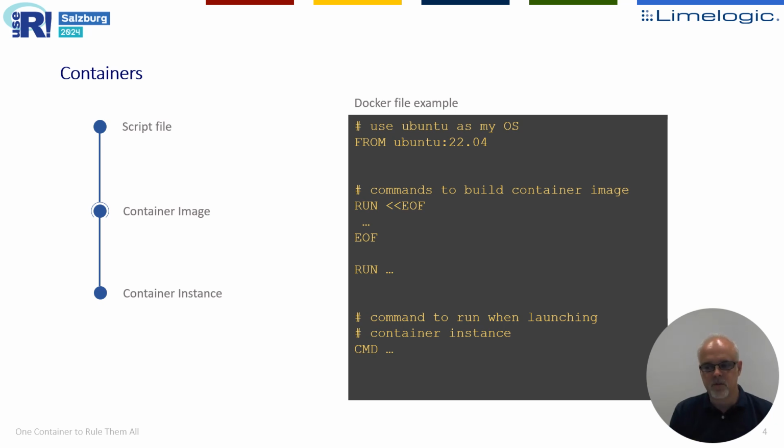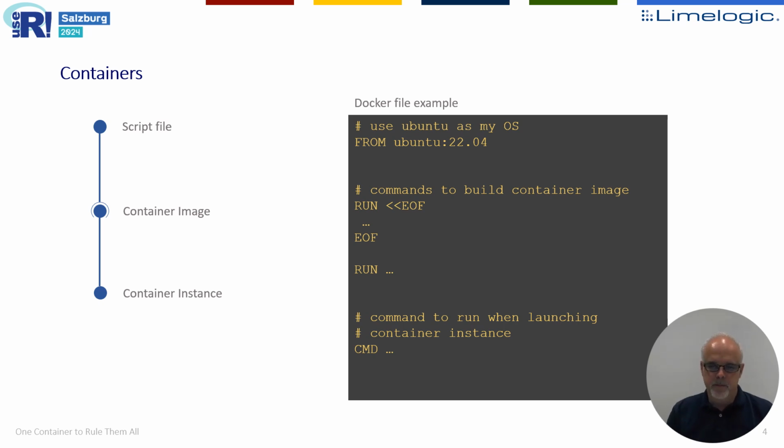And once the image has been built, you add the command that you want to run when the image is launched as a container instance in the host. And that's where you would enable Workbench, or you would launch your Shiny app.